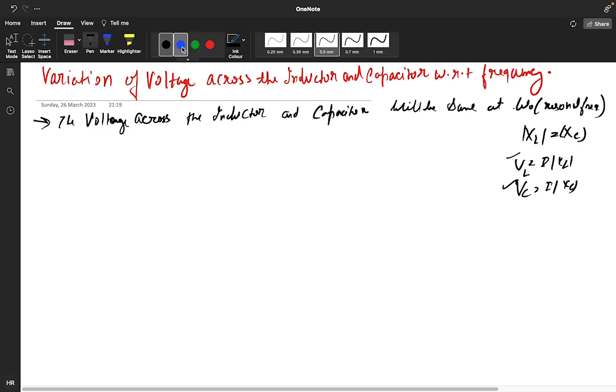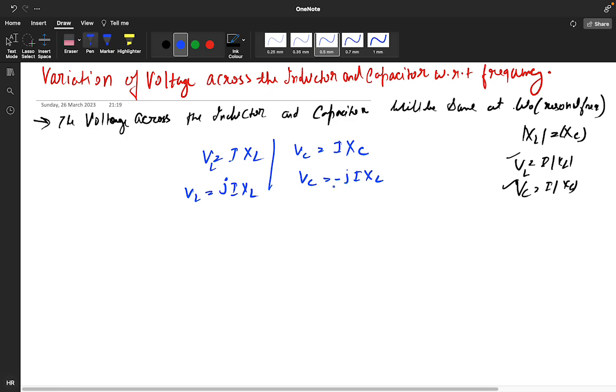So V is equal to I into XL, I'm talking about VL, and VC will be I into XC. If we talk about the angle, you will get VL equal to j I XL, and VC will be minus j I XC, because XL will have 90 degrees and XC will have minus 90 degrees.